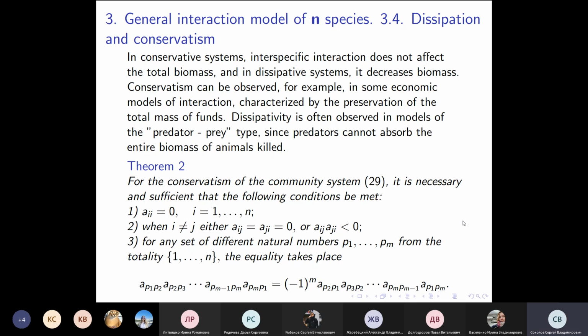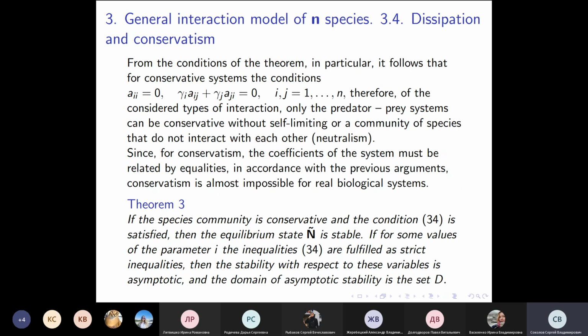So we see that the interaction type itself gives us the answer whether the equilibrium state is stable or not.